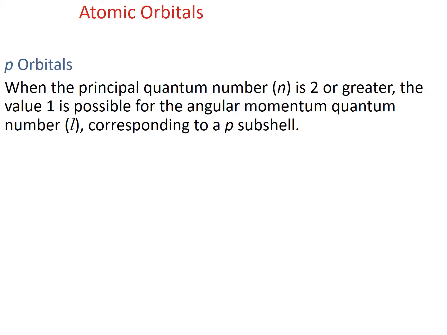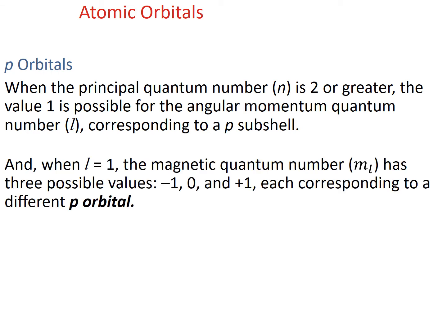When you have a principal quantum number that is 2 or greater, now you have the possibility for the angular momentum, which is L, to equal 1. If L equals 1, we call that a p orbital. And there's three different orientations of a p orbital. You can have an m sub L of -1, 0, or +1 if L equals 1.